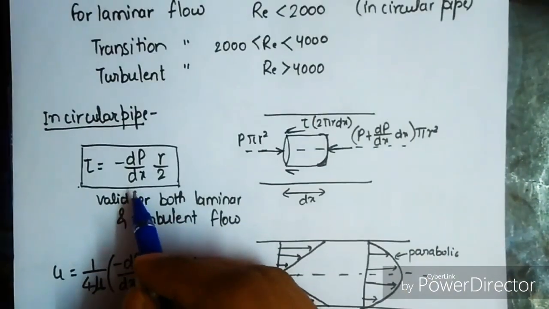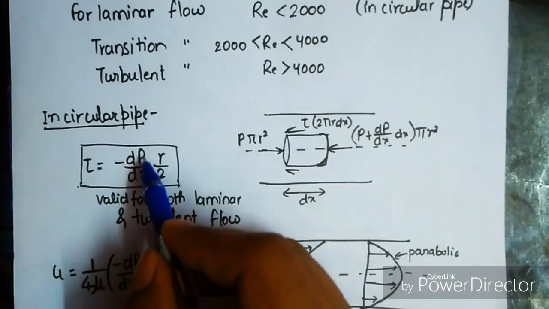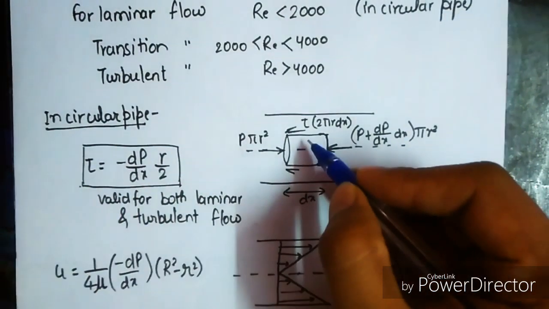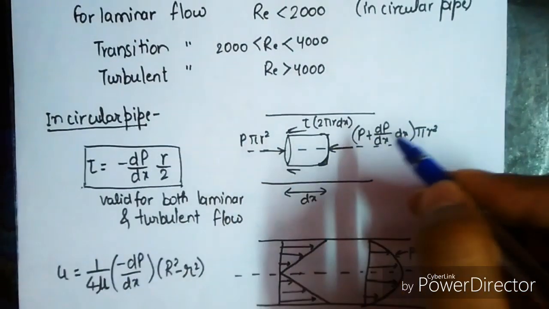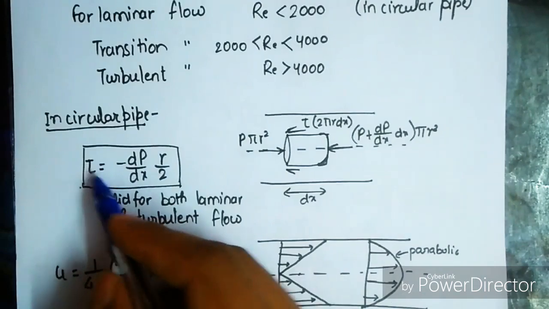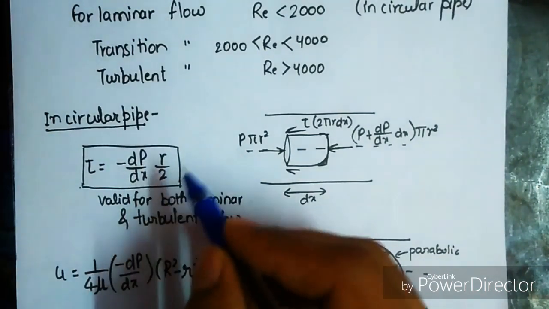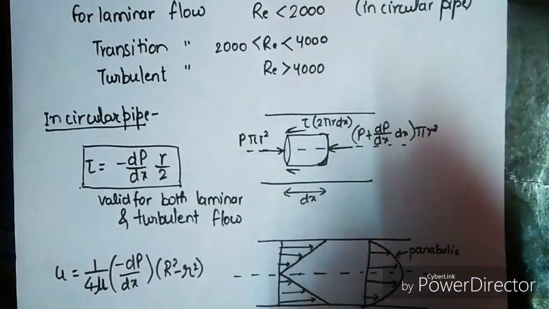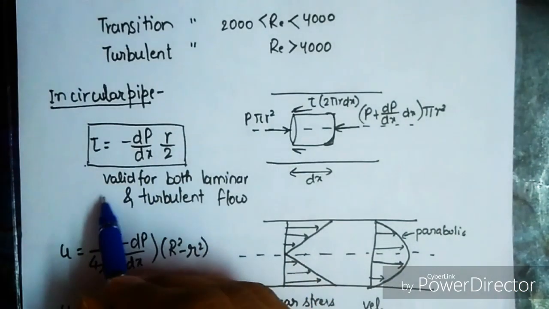Now in circular pipe, the shear stress equals minus dp by ds into r by 2. This r is the radius of the pipe up to which we have to determine the shear stress. Now dp by ds is the pressure gradient from point 1 to point 2. This formula is valid for both laminar and turbulent flow.